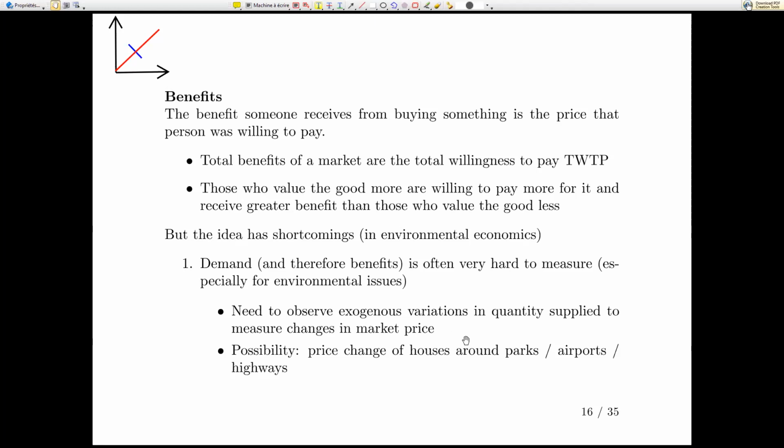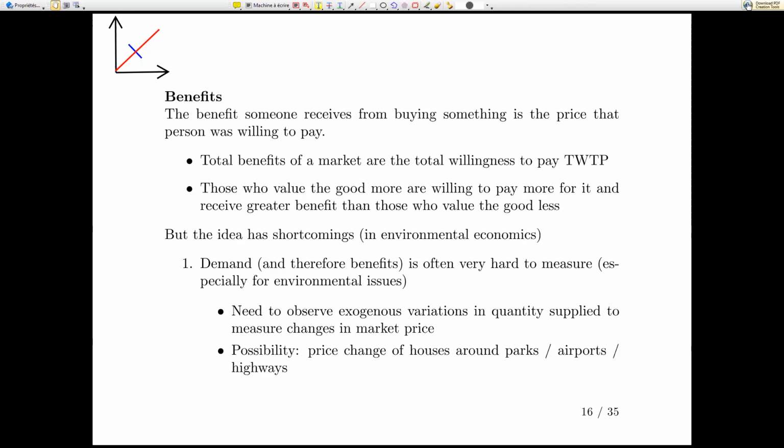Also, you need exogenous variations in quantity supplied to measure the changes in market price. This happens sometimes, but not too often. One good time for economists was when we had the oil shocks, because this was clearly OPEC countries who decided to hike the price of oil.